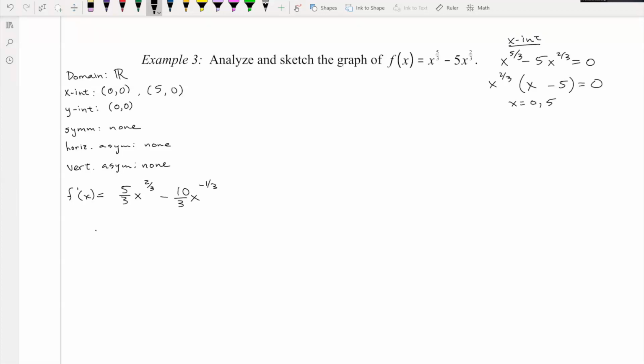So what I'm going to do is rewrite it as 5x^(2/3) minus (10/3)x^(1/3).